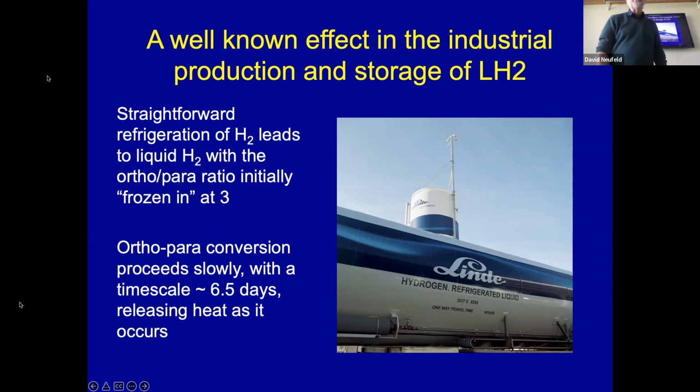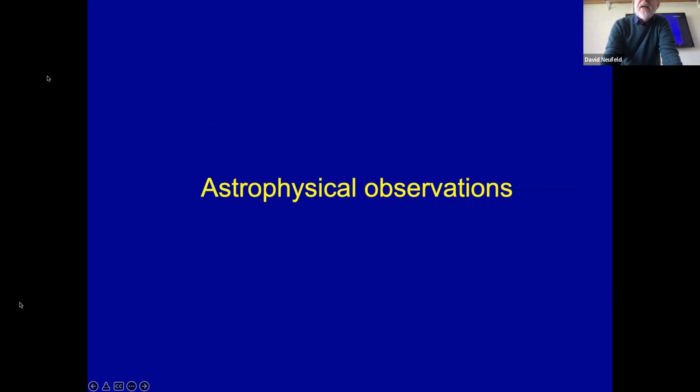So actually what they do is they put a paramagnetic salt in that catalyzes ortho-para conversion, I think by interacting with the nuclear spins. So this idea that if the temperature changes rapidly, you might not see the ortho to para ratio catch up to the equilibrium value it's supposed to have is also known as an effect in astrophysics.